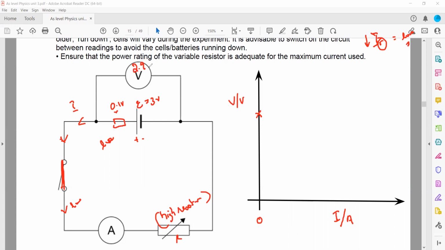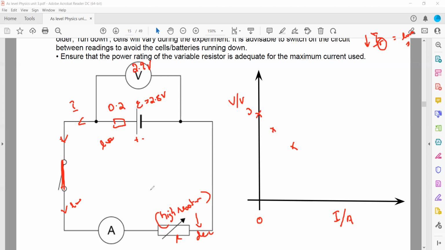It will record 2.9. Originally it is 3, but now it becomes 2.9. Then we gradually decrease the resistance. As we decrease the resistance, the current starts to flow. Here it will be 0.2 volts lost, then the remaining 2.8 volts will be shown, so the reading on the voltmeter starts to decrease.